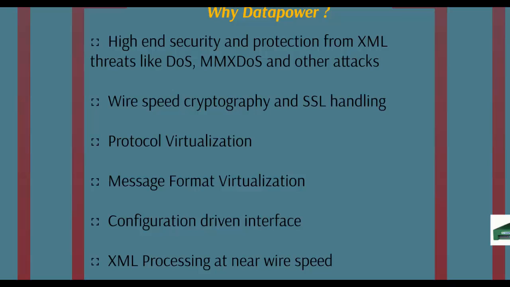And then there is message format virtualization. So DataPower can convert one message format to another. One popular example is that if your backend systems are, for example, serving SOAP-based messages, the format is of course XML, but your front end is, for example, mobile.